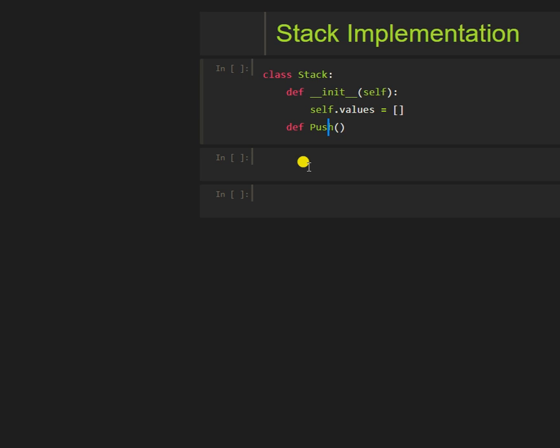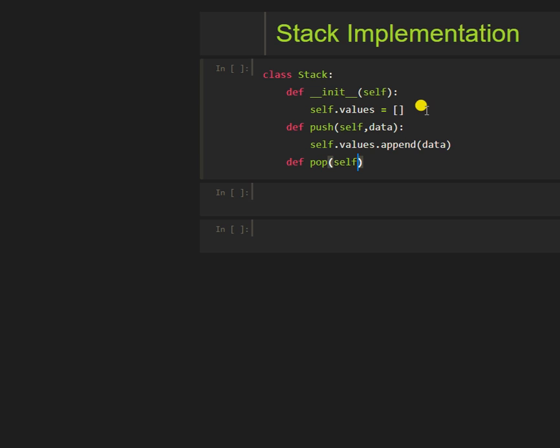It will take, let me make it small p, push, and it will take an argument which we call data, and it will simply do self.values.append(data). If you know the append function, it simply adds the element at the end of the list. That's what we do in the stack. Now we'll define our pop function.